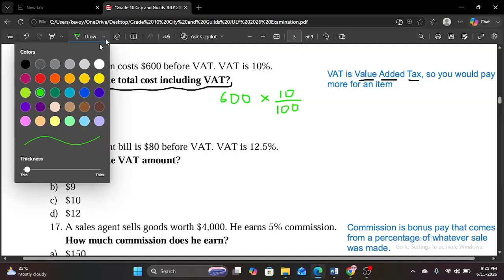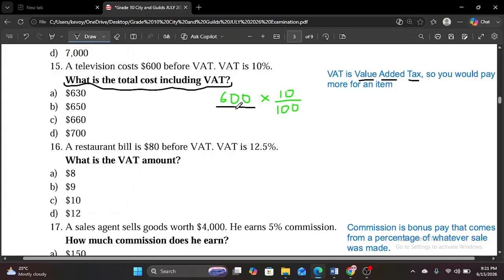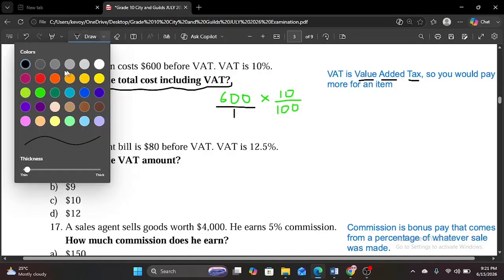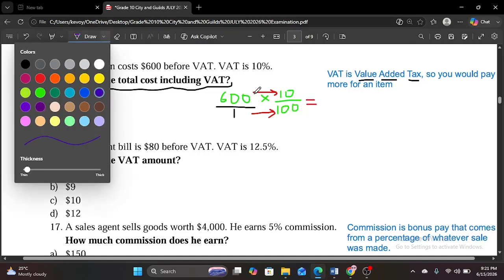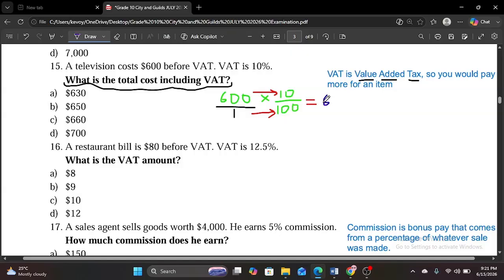All right, so we do the same thing. We're going to change that whole number into a fraction. So I'm going to put it over 1, and then I'm going to multiply across. So that's numerator times numerator, denominator times denominator. So that's going to be 600 times 10, that's going to be 6,000 over 1 times 100, that's going to be 100.